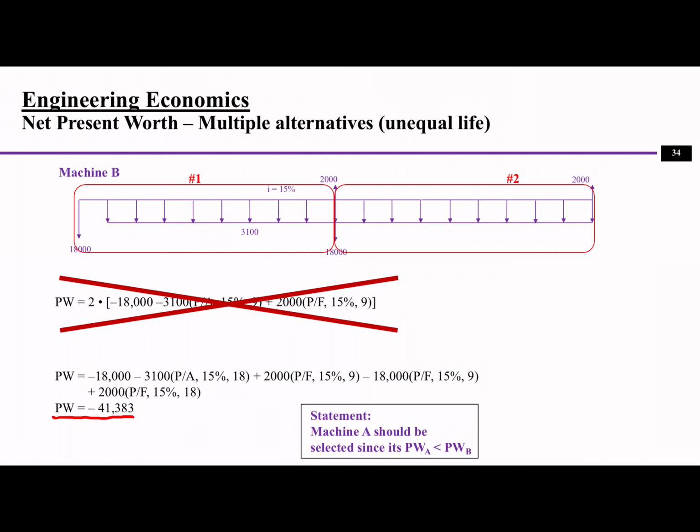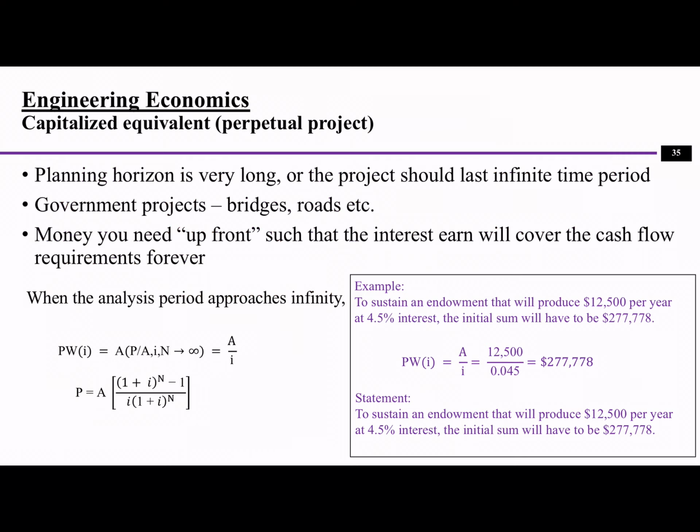So the present worth of machine A is smaller than the present worth of machine B. In this case, machine A should be selected. So this is how we make the comparison if they have unequal lives.